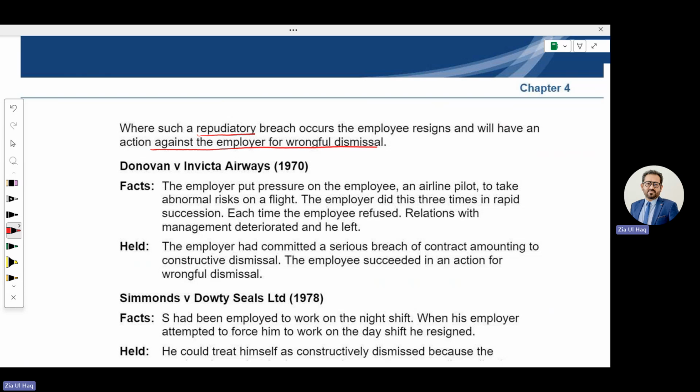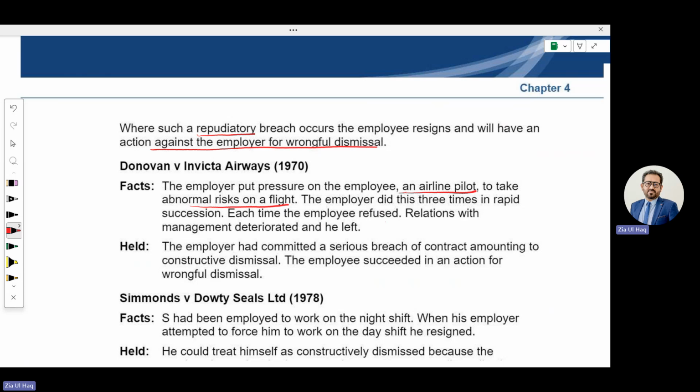Donovan versus Invicta Airways. The employer put pressure on the employee, an airline pilot, to take abnormal risk on a flight. During a flight, a pilot cannot take abnormal risk. And if the employer forces him to take abnormal risk, and the employee resigns, that is called constructive dismissal. The employer did this 3 times in rapid succession.